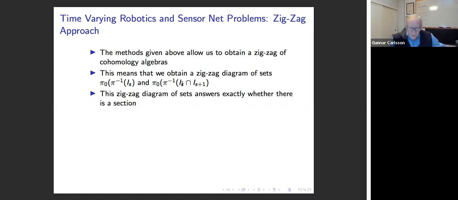The way that works is a zigzag diagram of sets will produce a directed graph, if you like. Imagine that we have the set of components over every interval, and then over the intersection of the pairs of intervals. Whenever there's a relationship between one of those components, when it maps from one to the other, I will draw an edge.